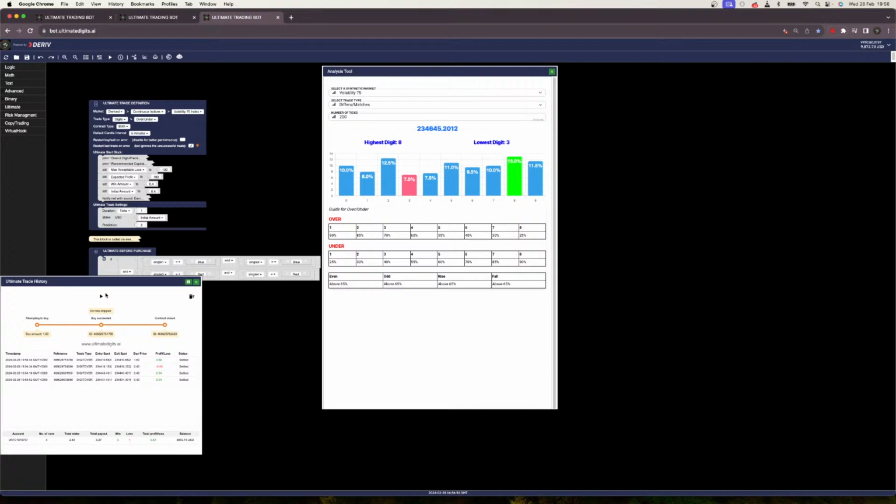That means that is the most repeated digit at the moment. So running a good binary bot with analysis to find a match digit that is green in color will be more likely to win compared to just running with no statistics.